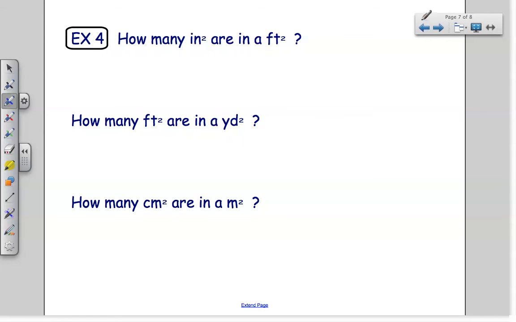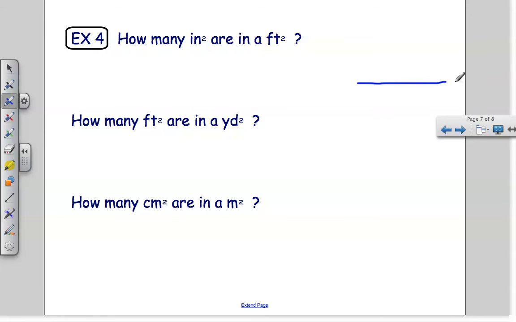Now, if you picture this, yes, there are 12 inches in a foot. So if that's a foot, I mean, I know it's not, but let's say this is 1 foot. Wouldn't that be split up into my 12 inches? 1, 2, 3, 4. Okay, there's my 12 inches, making up 1 foot.